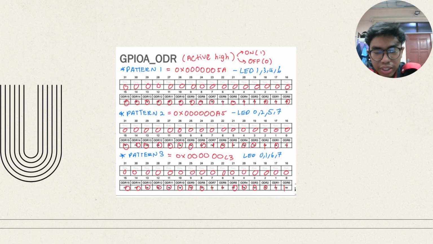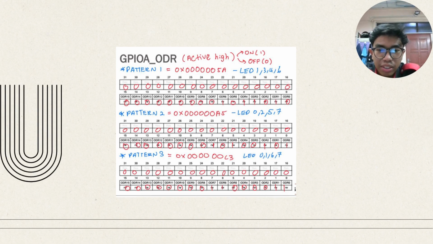Moving to the next pattern. For pattern 2, switch 0 is pressed and LED 0, 2, 5 and 7 will be on. Set the value 1 for LED 0, 2, 5 and 7. We get the value for pattern 2 as 000000A5.